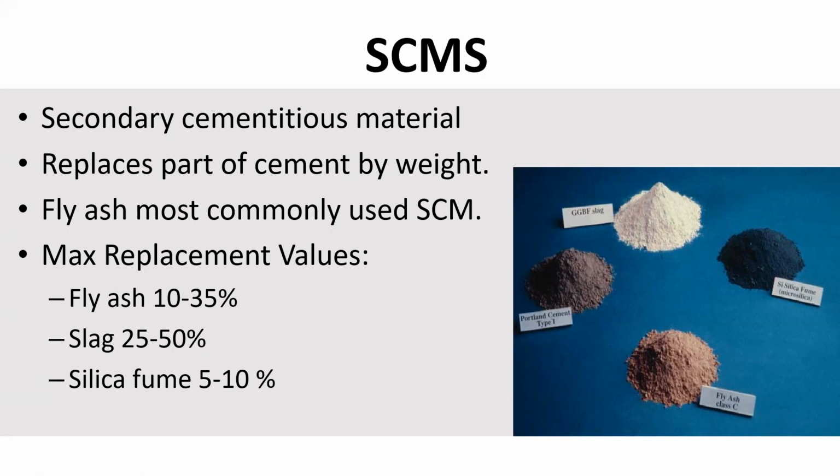If you have a 100% Portland cement mix and you want to replace 10% with fly ash, you take out 10% of the cement and add 10% of fly ash. That's what the replacement value is about. The result is you have 90% Portland cement and 10% fly ash.